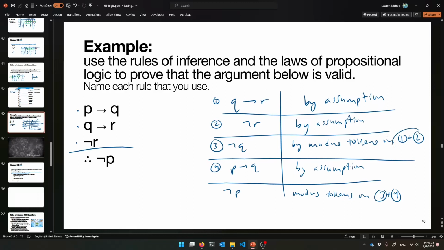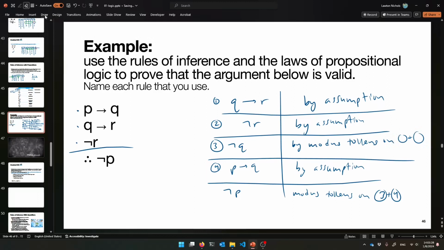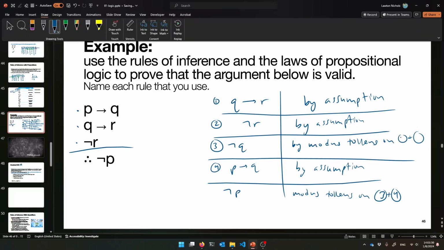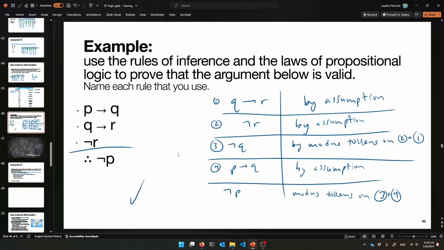Maybe I should say on 2 and 1 if I wanted to say the order in which I'm using those things to match the table. But it doesn't really matter. I understand what you're going for. And so now I've concluded this from these using rules of inference, and those are all valid things to do. And so this is a valid proof. It checks out that not P is true.